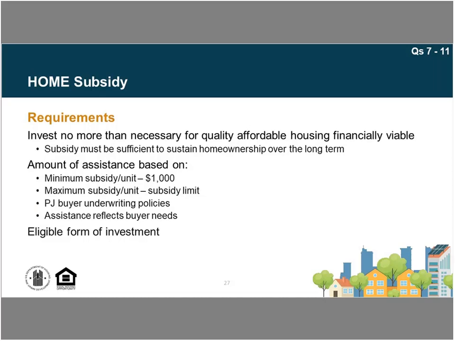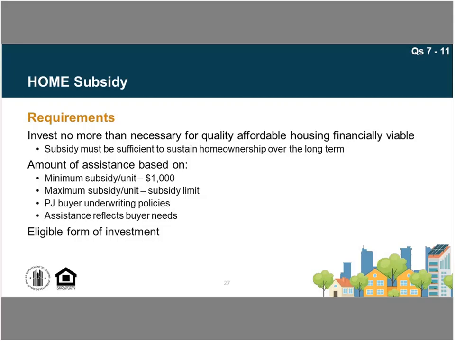So that's the overarching requirement, that you determine the assistance that they need. In addition, there are certain standards and limits that need to be applied to that determination. First of all, there is a minimum subsidy per unit of HOME funds of $1,000, and there is a maximum subsidy limit that is calculated and determined based on costs, and it is a substantial number.